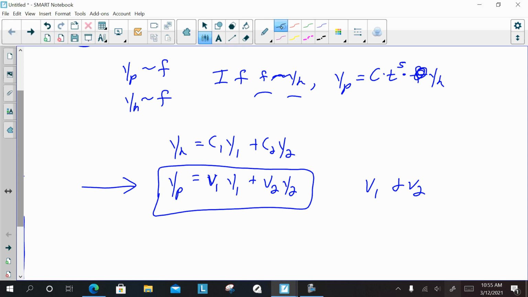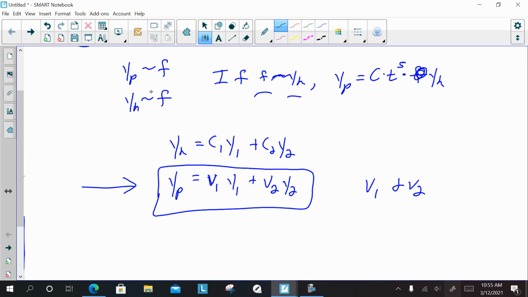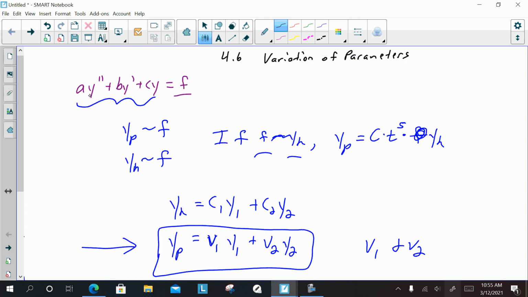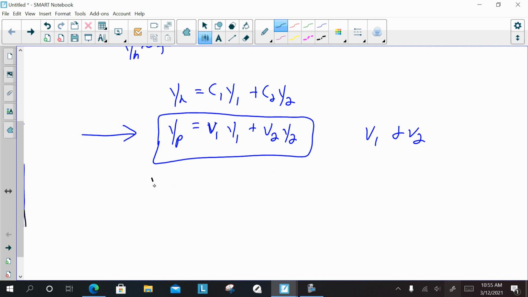If this is going to be a solution to our differential equation, then when we take the first and second derivatives and plug them in, we have to come up with a true statement. So let's take our derivatives. For our first derivative, we have a product here. y1 is a function, and v1 could be some function instead of just a constant, so we'd have to do the product rule.